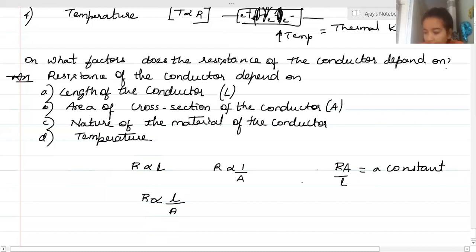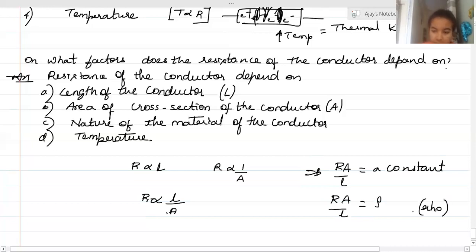How did you get it? Cross multiply A and bring L to the denominator. So this constant, R A by L, is called rho.